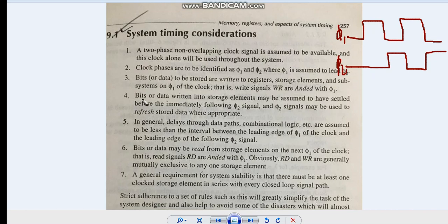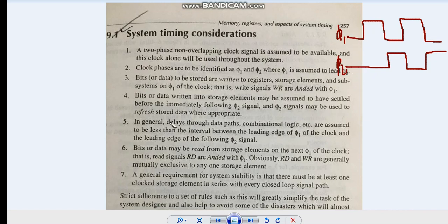The bits or data written into the storage element may be assumed to have settled immediately following the phi 1 signal. Whenever we go for a write operation, it is always performed with respect to the phi 1 clock. Phi 2 will not start immediately; between phi 1 and phi 2 there is some delay.